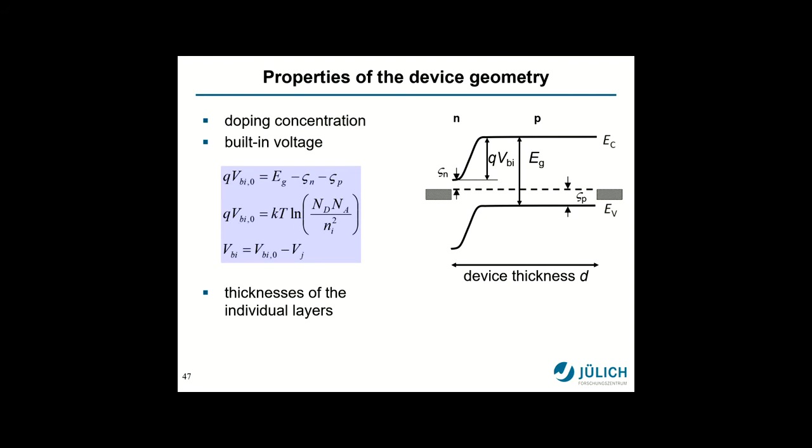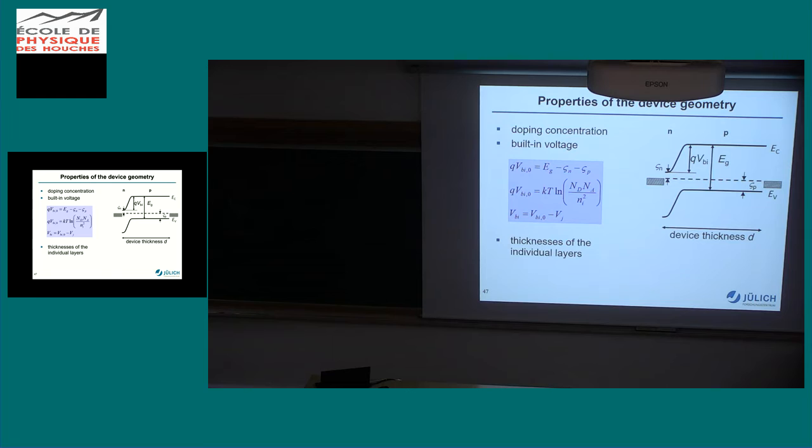So now going back to the device geometry. That's just putting some of the numbers to this band diagram. Now you see that really the third dimension gets important. This dimension is still the energy axis. Here now we have the spatial coordinate.